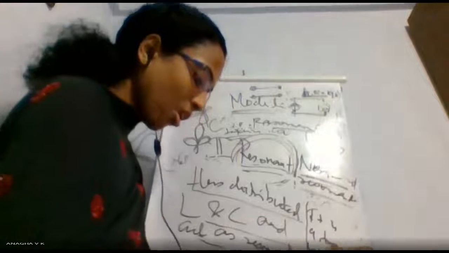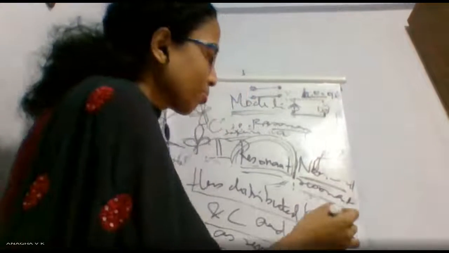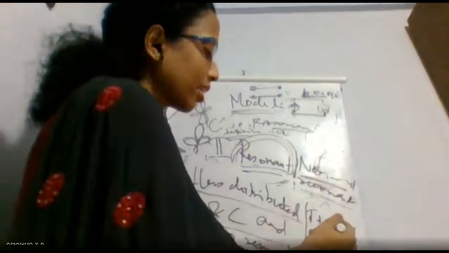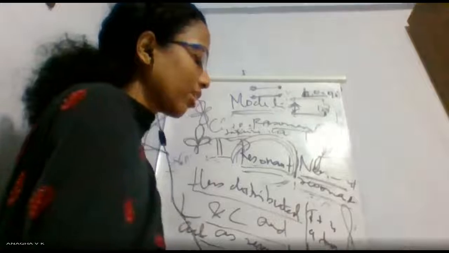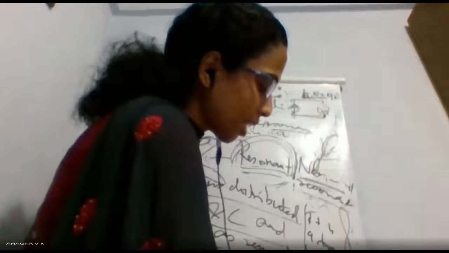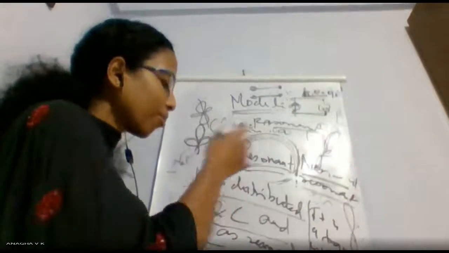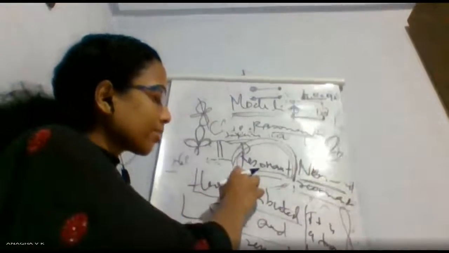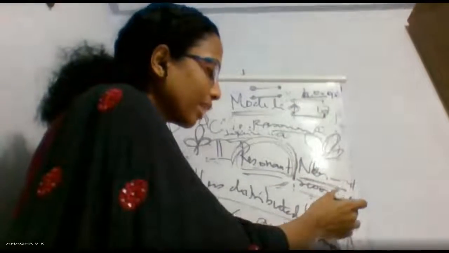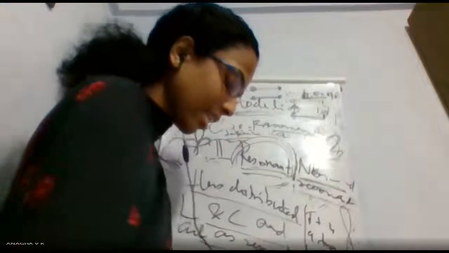It is also called a directional antenna. The former one, the resonant one, was multi-directional, but this one is unidirectional, which means it is a directional antenna.